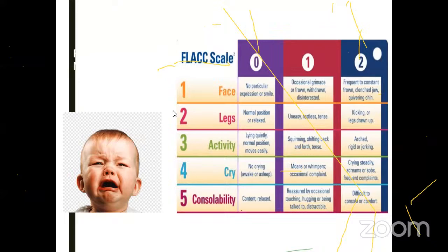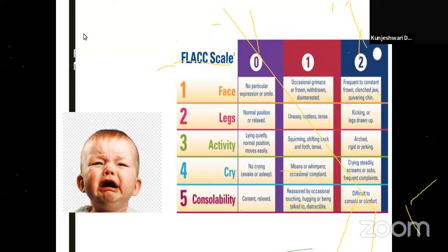When the child is in pain, how will the expression be? If the child is smiling, that means it is 0, the child is normal. Or occasionally the child is not interested, showing a kind of withdrawn, about to cry, that kind of thing, you can even give number 1.